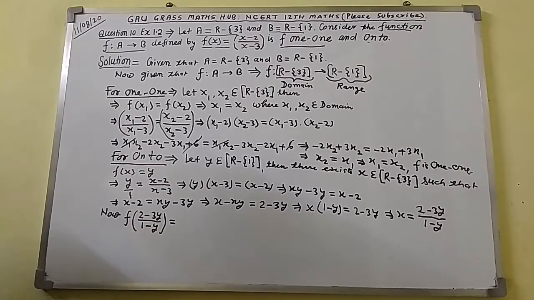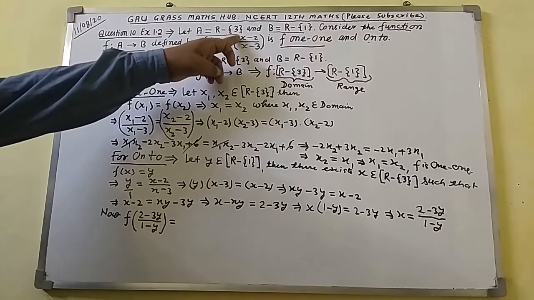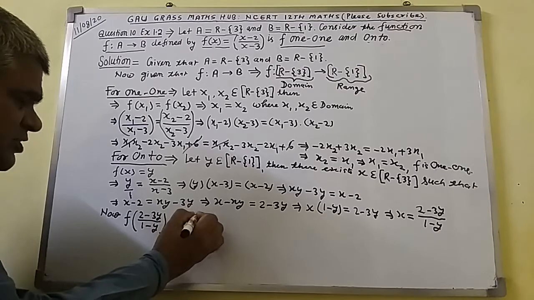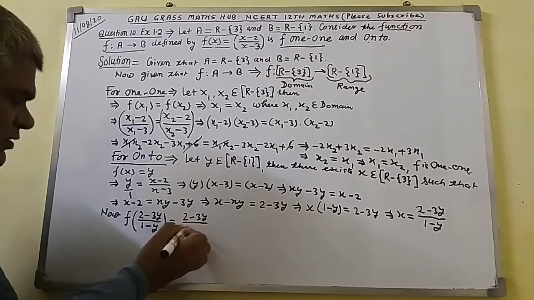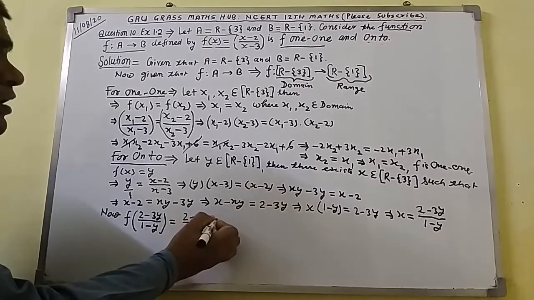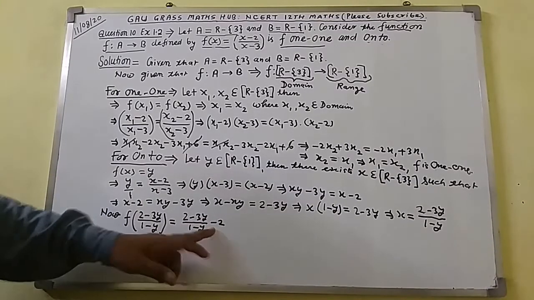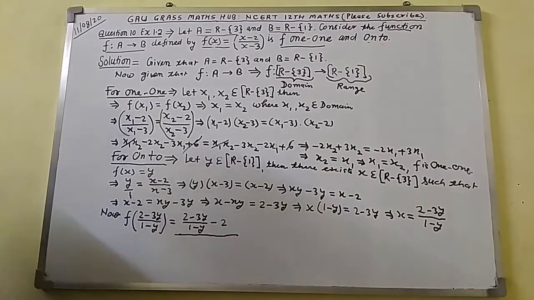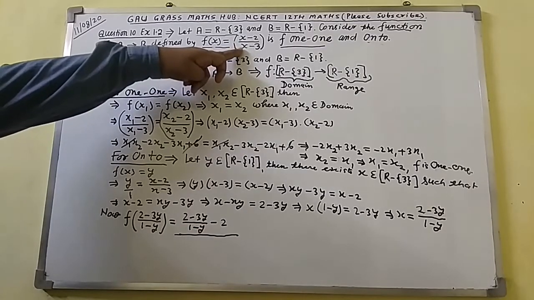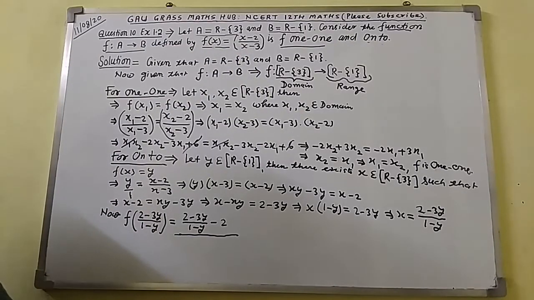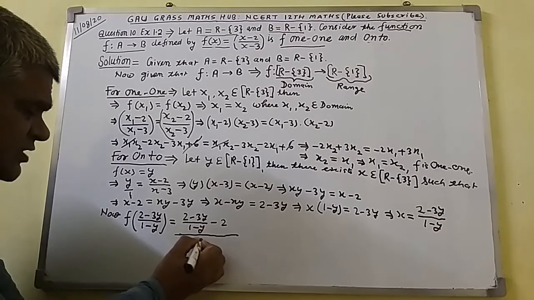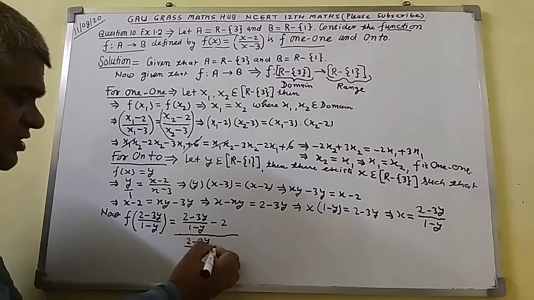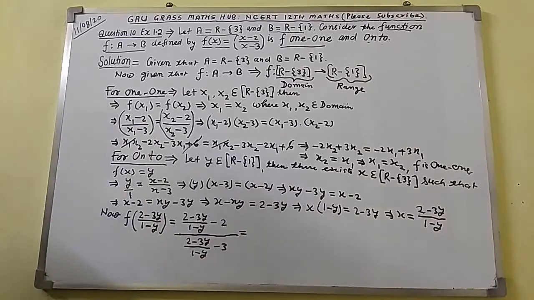So in numerator I am going to write (2 minus 3y) over (1 minus y) minus 2, and whole upon, I shall put the value of x equal to this one, (2 minus 3y) over (1 minus y) minus 3.